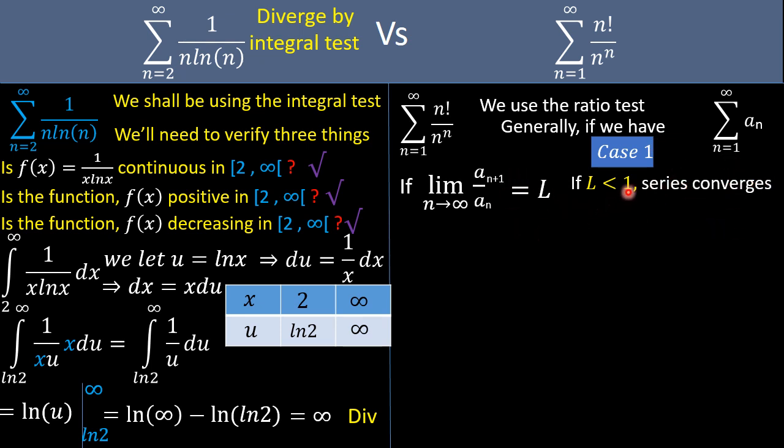If this L we get is less than 1, we conclude that the series converges. But if L is greater than 1, we conclude that the series diverges.